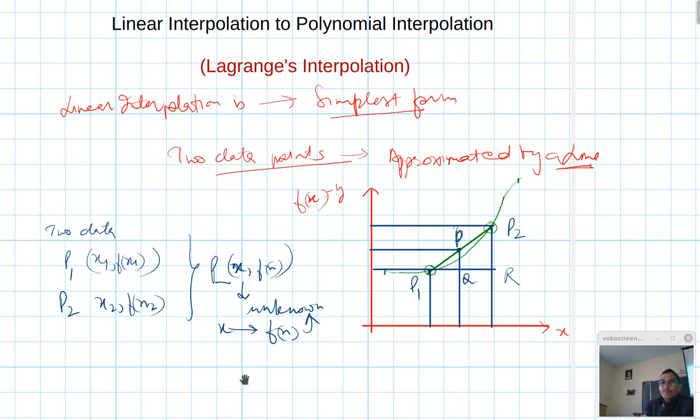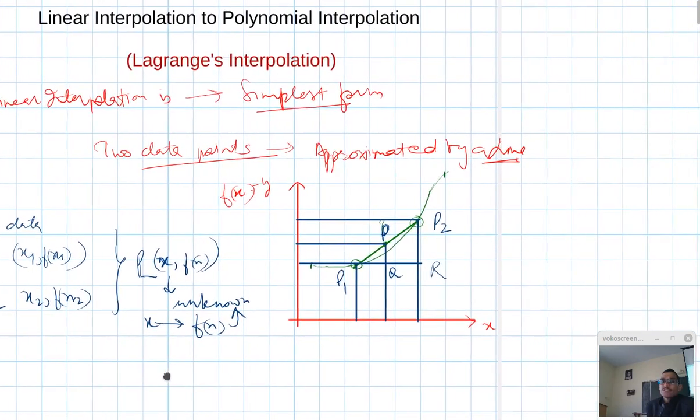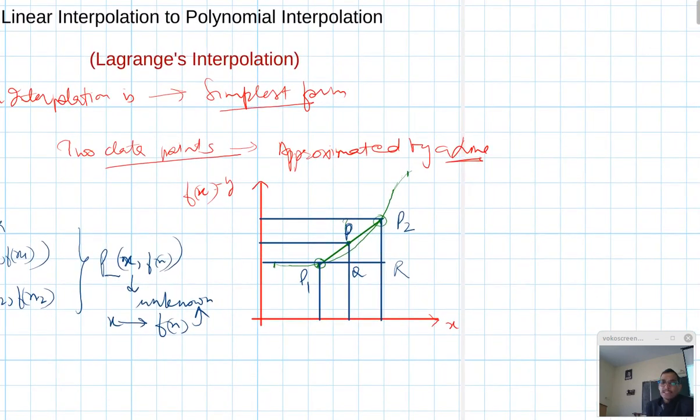So there are different methods to determine it. So first method, whether I talk about the P1P line or I talk about the P1P2 line, both are the same. That means both have the same slope.